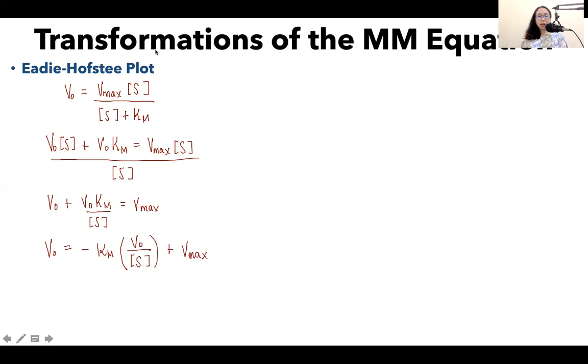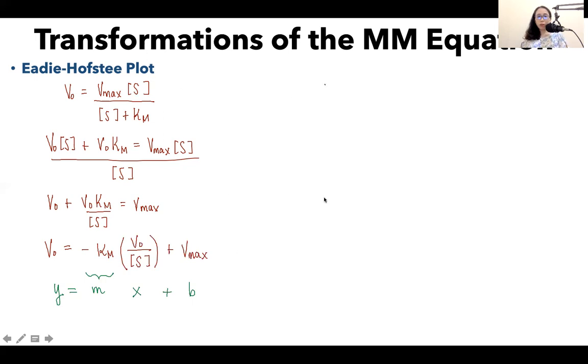again an equation of a line in the slope-intercept form. So we have initial velocity as our y, negative Km as our slope, initial velocity divided by substrate concentration as our x, and Vmax as our y-intercept.